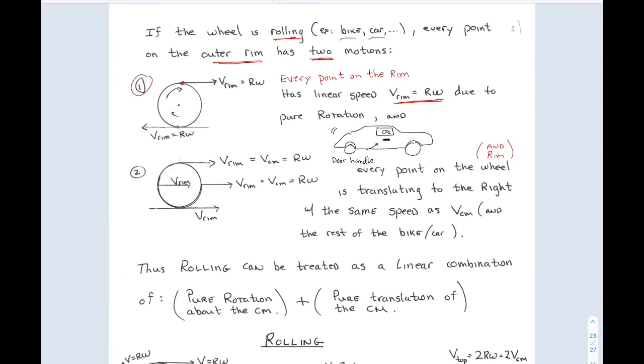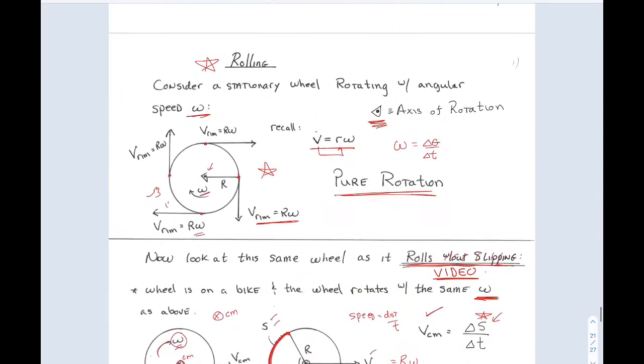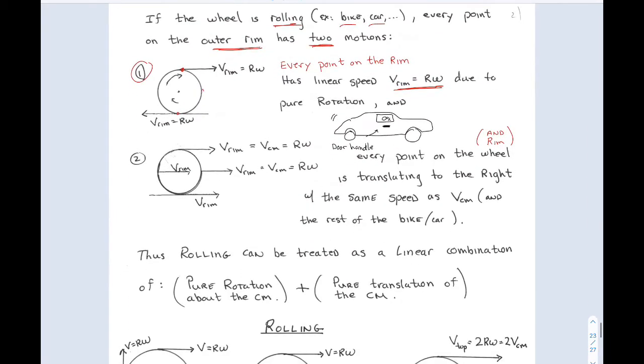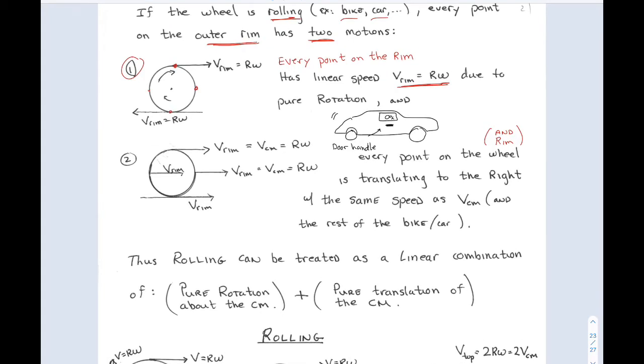So I drew that here. This is the same picture as that one. I didn't draw it everywhere, so I'm just drawing it at the top and bottom. I could have drawn it anywhere. So every point on the rim has linear speed r omega because it's purely rotating.